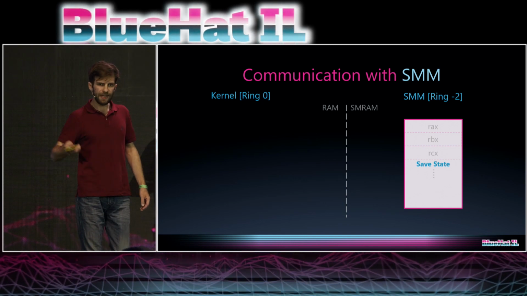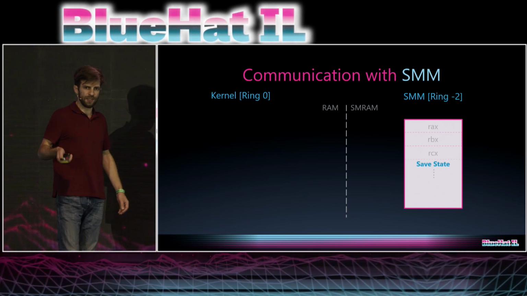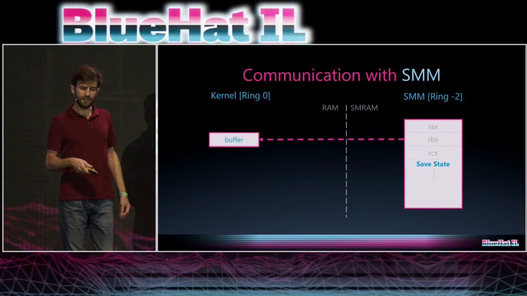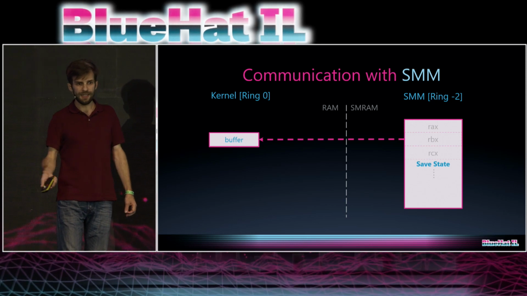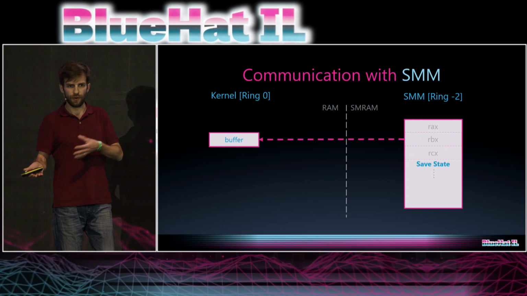We saw that many BIOS vendors use one or more of these general purpose registers to point to a buffer that is accessible from both ring 0, the kernel, and the SMM, and use it as a medium to transfer data to and from the SMM.